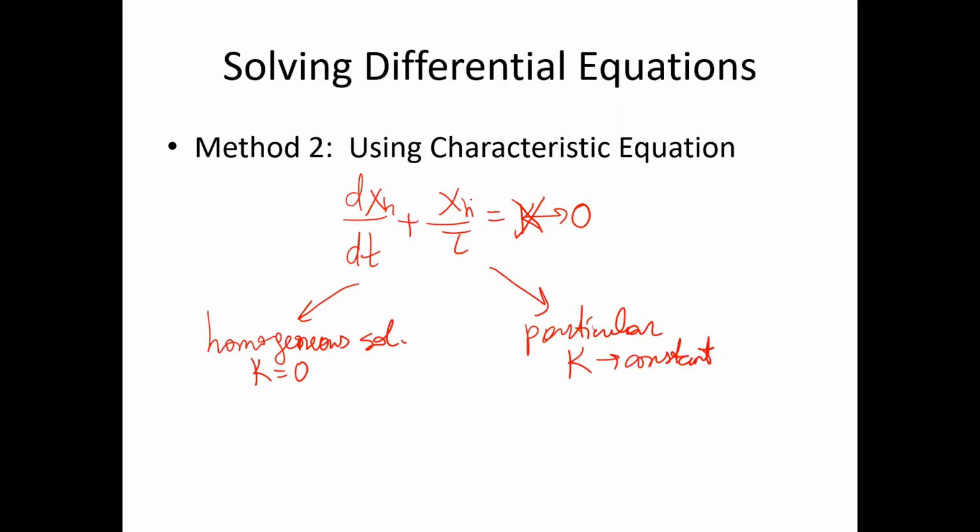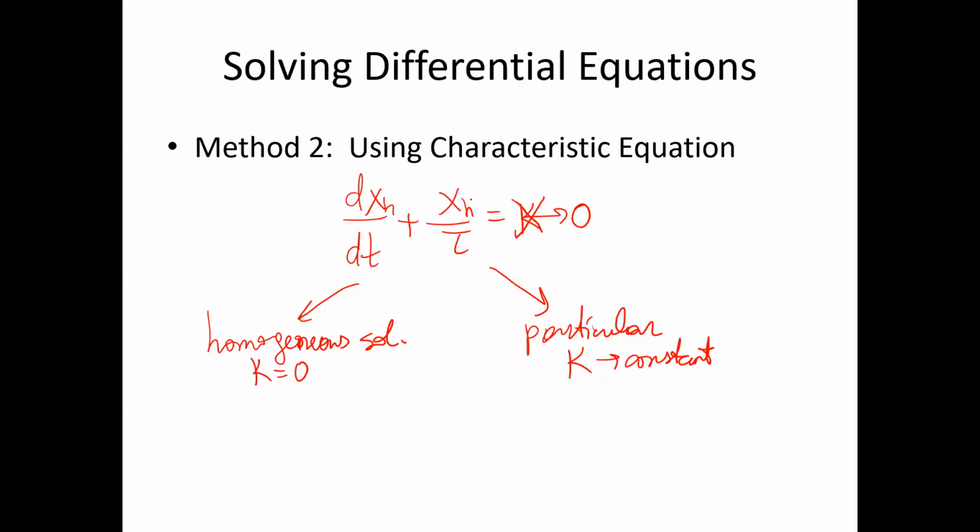Let me consider what type of function I would need to satisfy this equation. I need a function which, when I take its derivative and add it to itself, I can get 0. The only way I can do that is if whatever function I have results in itself when I take the derivative.